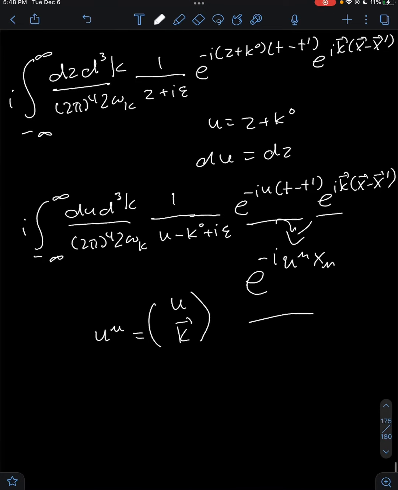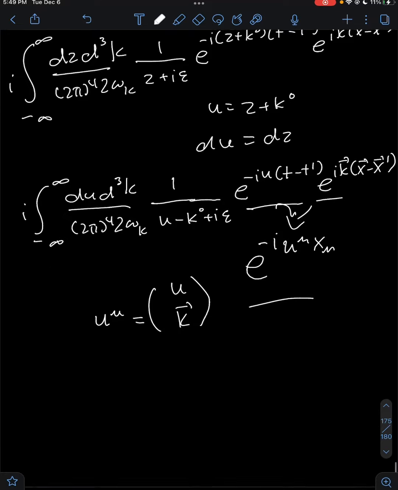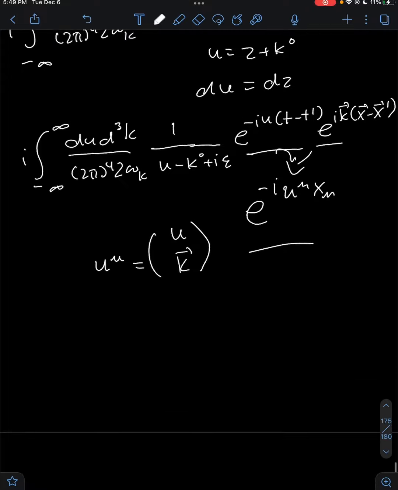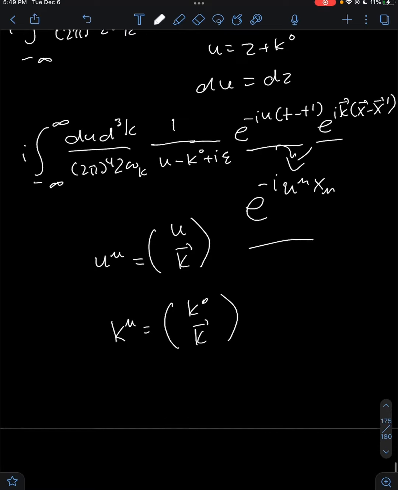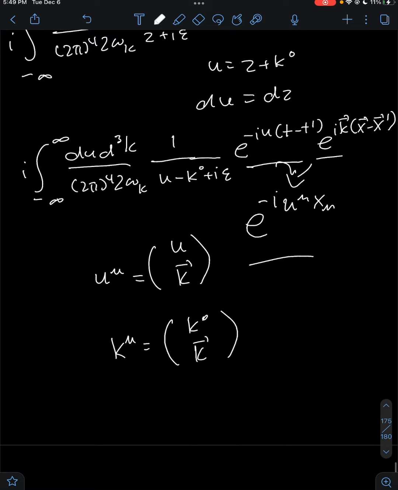So we could define a 4-vector where we have u and then the k vector, and this 4-vector is going to be similar to the actual 4-momentum, which is k_0 and the 3-vector k. Now this is where things really get weird.